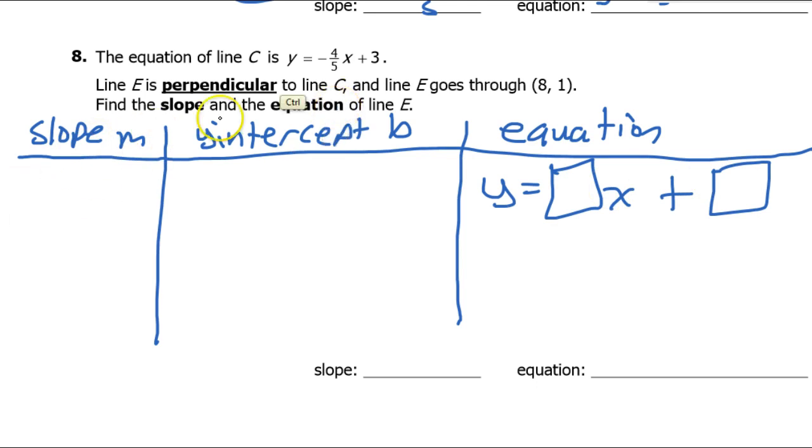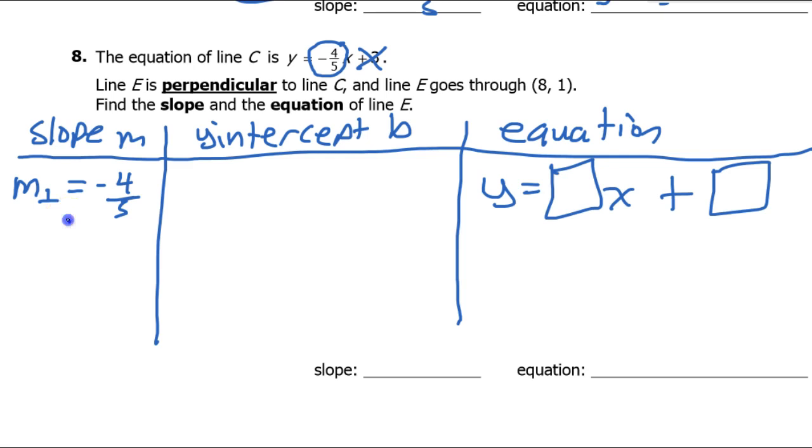Now, the slope. They gave me a perpendicular line. All right, here's the slope of this perpendicular line. So I'm going to write m perpendicular to represent the slope of the perpendicular line. That was -4/5. The +3, I'm not going to do anything with that. Do not use the +3.